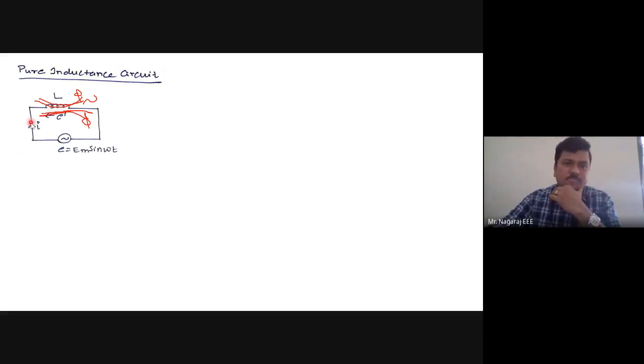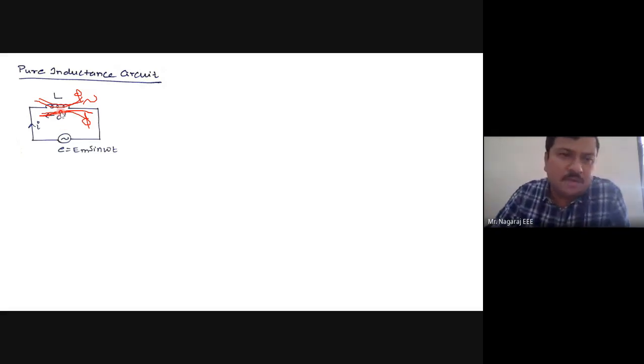So therefore, as the nature of current is sinusoidal, the nature of flux is also sinusoidal, hence an EMF is induced in this coil. Now, how much EMF is induced in this coil? The magnitude of induced EMF is proportional to d phi by dt. And how much flux is produced here?